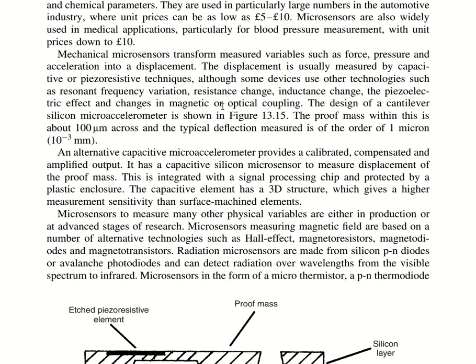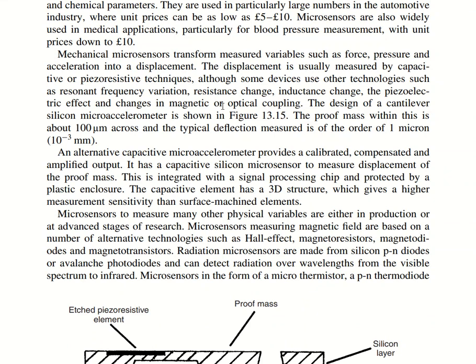The displacement is usually measured by capacitive or piezoresistive techniques, although some devices use technologies such as resonant frequency variation, resistance change, inductance change, the piezoelectric effect, and changes in magnitude or optical coupling.